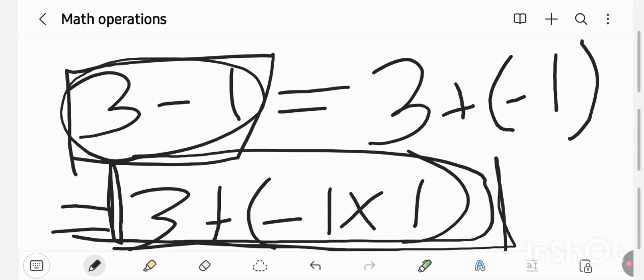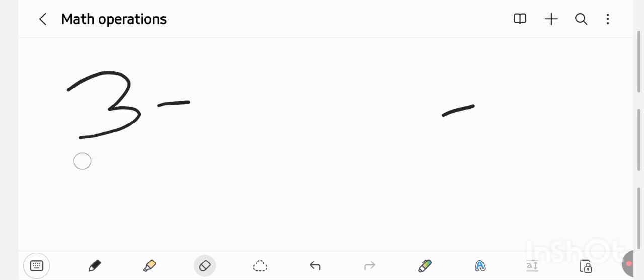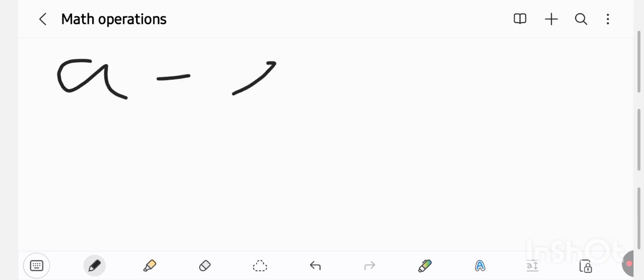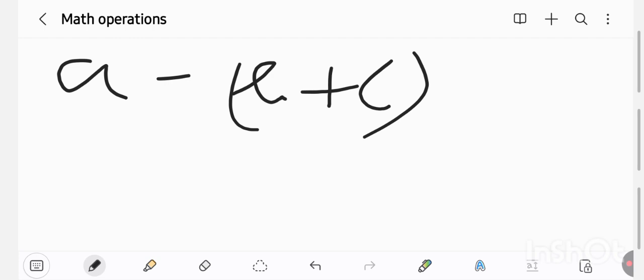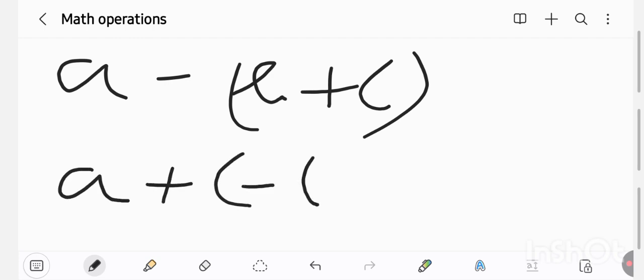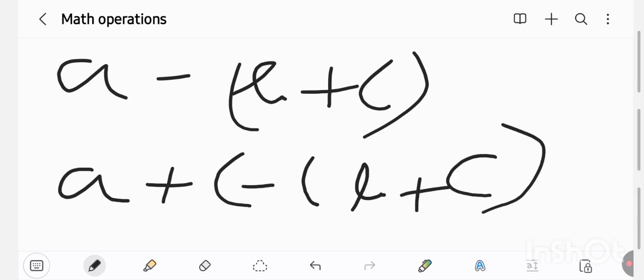Wait a little bit. Now let's take variables. If you have a minus b plus c, we can write it as a plus minus, look, I use first brackets, but I know you have to use second brackets, but writing second brackets here is very hard, b plus c.